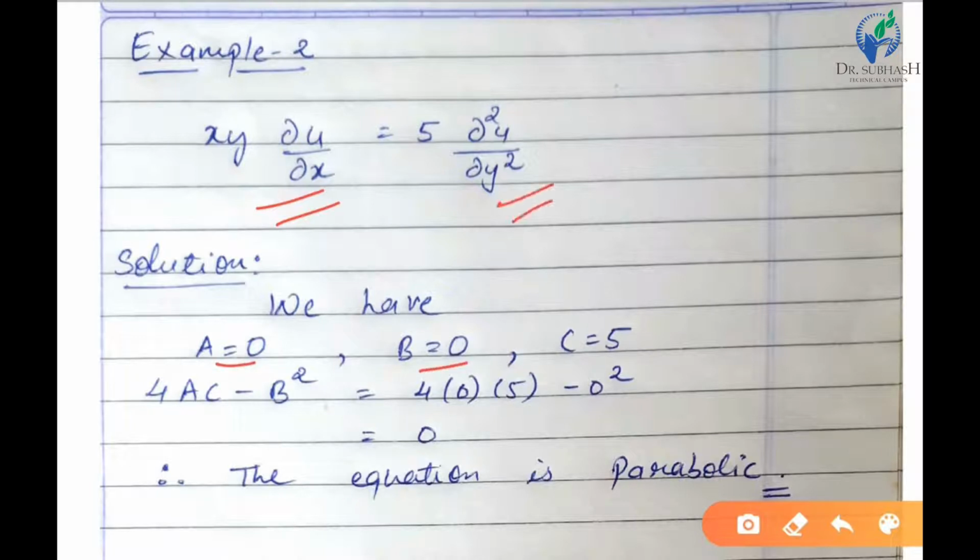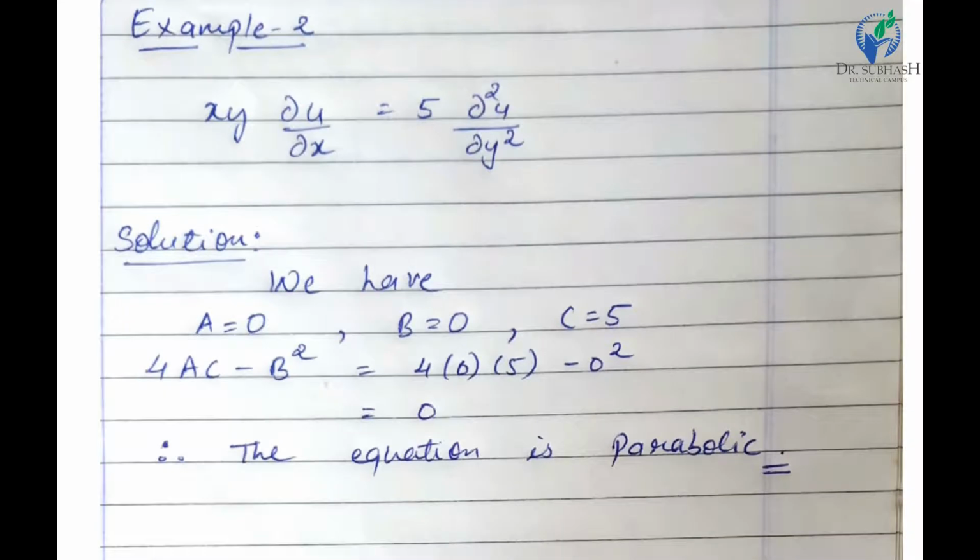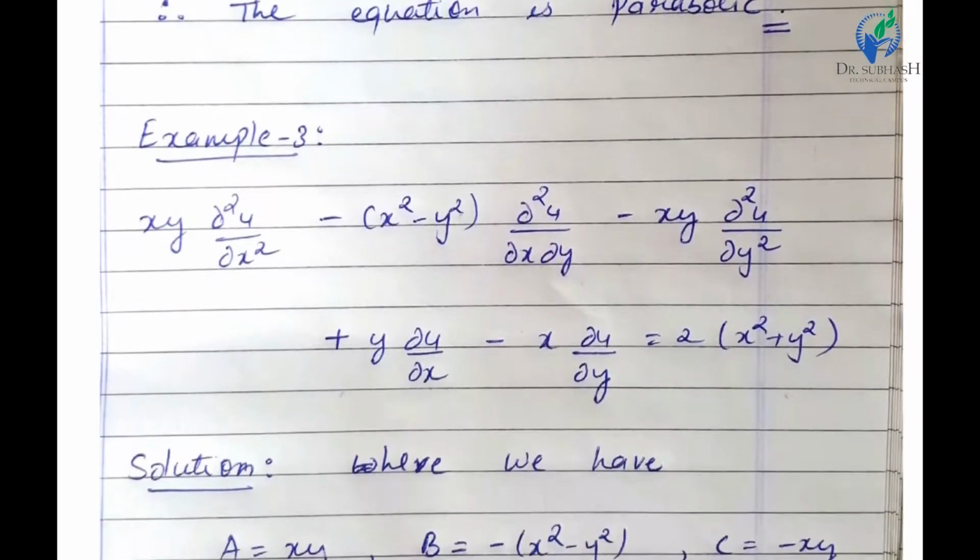The coefficient of uyy is 5, so the value of c will be 5. Now we substitute these values in 4ac minus b square. After substituting, we get our answer as 0. Again, according to our condition, if the value of 4ac minus b square is equal to 0, then the equation is parabolic. Let us have one more example.